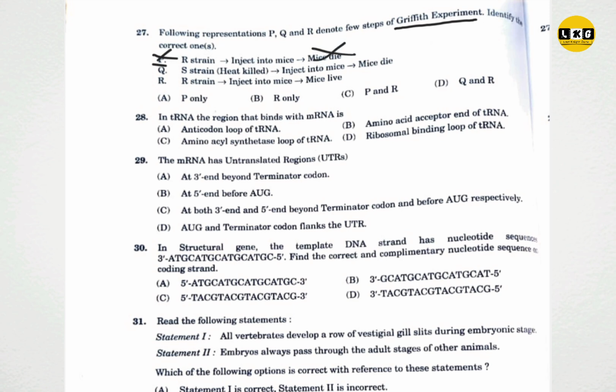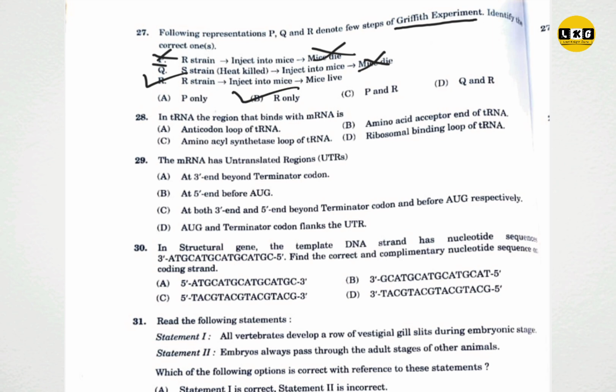Next, S strain which is heat killed injected into mice, mice die. No, when S strain was heat killed, mice was alive. So this is also a wrong one. Next, R strain injected into mice, mice was alive. So this is a correct one. R strain was non-virulent and when it is injected into mice, mice was alive. So option B, only R.